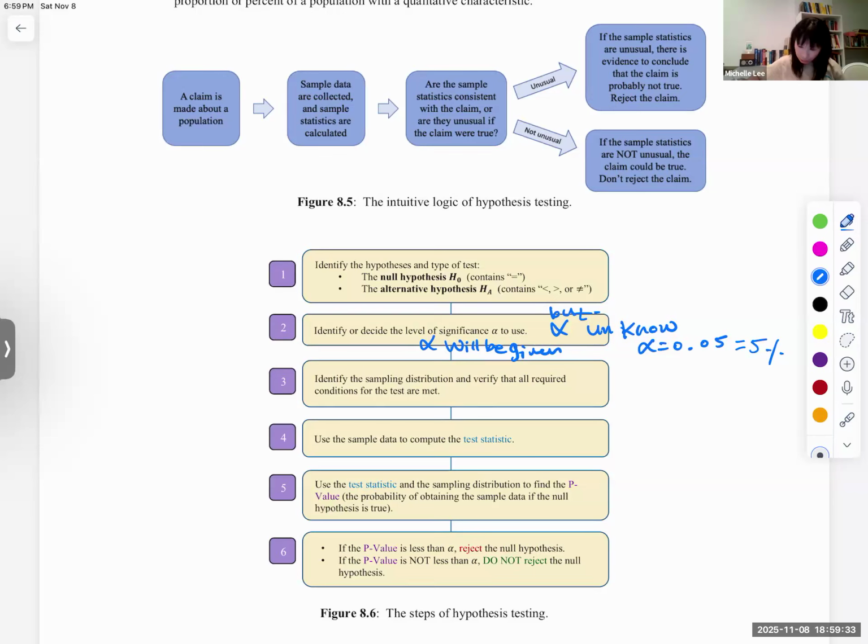Now, identify the sampling distribution and verify that all required conditions for the test are met. So sampling distribution, we have what?